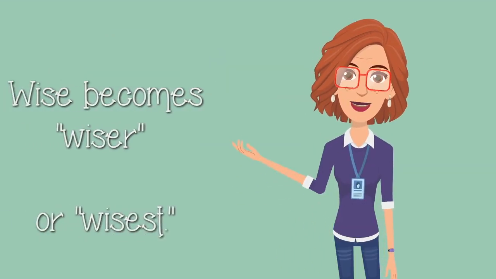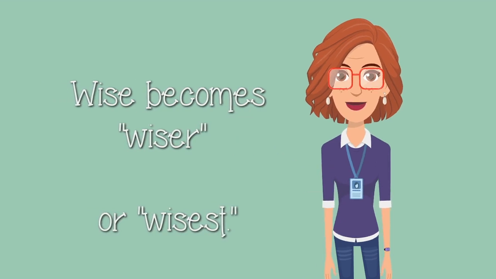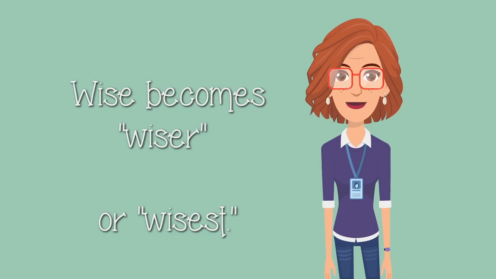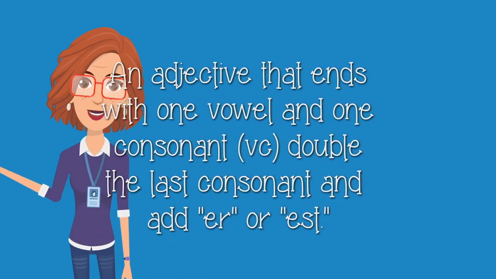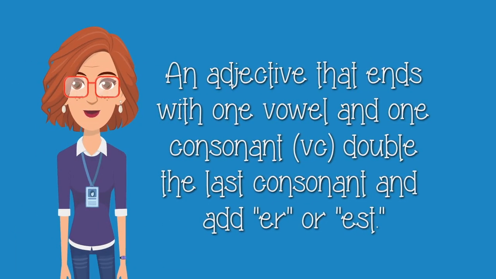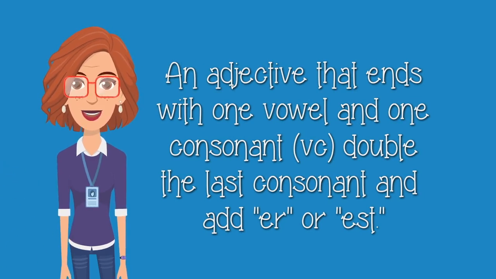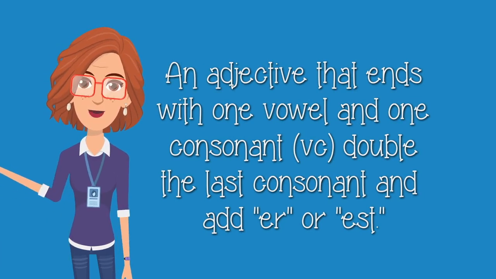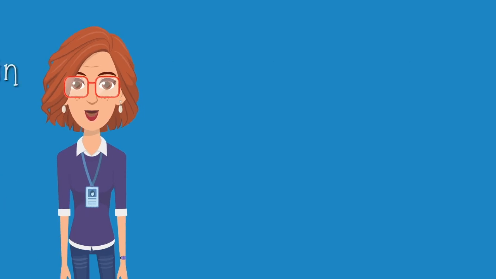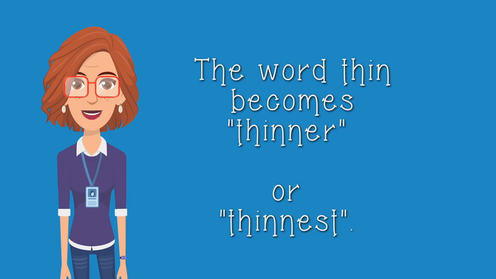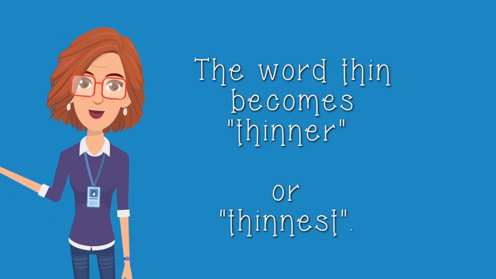For example, the word wise becomes wiser or wisest. If a word ends with a vowel and a consonant, you will double the consonant and add either ER or EST. If we follow the rule, the word thin becomes thinner or thinnest.